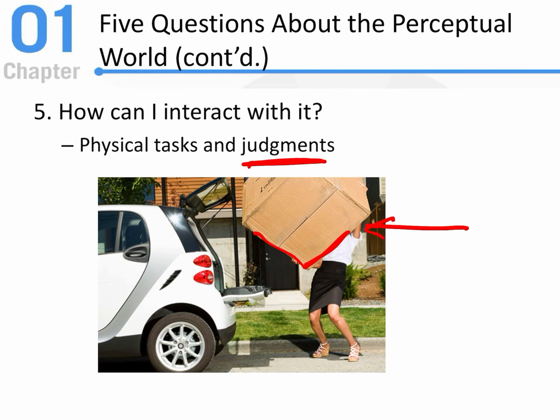So if you look at this box, you might go, oh, I got to pick that up. That looks really, really heavy. But if you look at the same box, you're going to be less likely to think it's so heavy if you imagine that you're going to actually have help. So how do you react? How do your judgments and your biases interact with how you perceive the world around you?